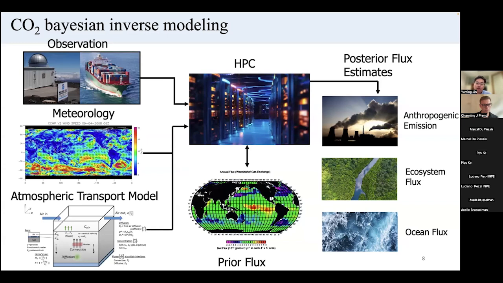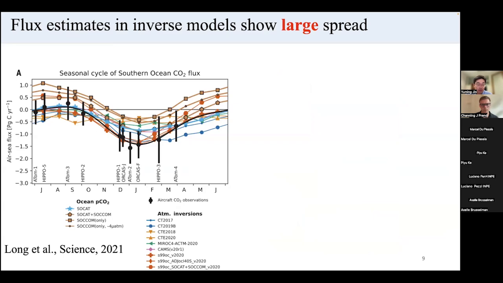Using this information, the model keeps adjusting the prior flux estimate to minimize a cost function, then to refine the estimates of CO2 flux distribution. Inverse products also show a large spread in their posterior flux estimates.